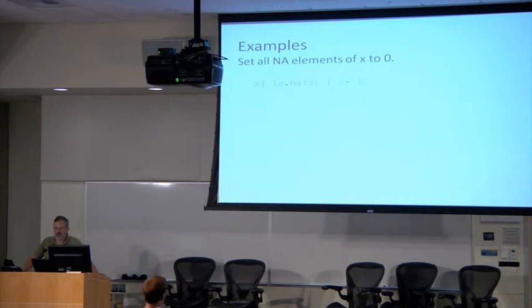So in this case, for those elements of X where the index of X contains a null value, set it equal to 10. This looks a little weird because you have X on the outside and inside, but you could have something different inside. Do something for those elements of X whose corresponding element in Y satisfies some condition.